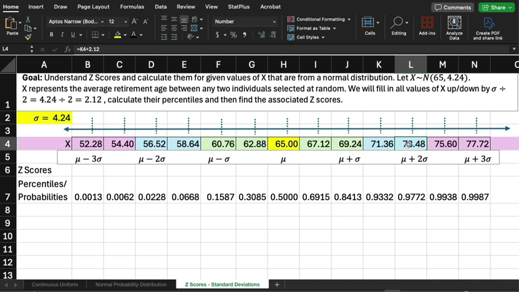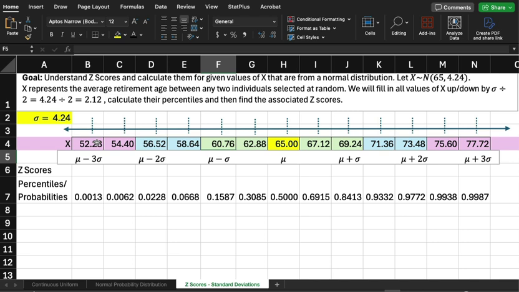Basically, we just get them by adding 2.12 to the right, and subtracting 2.12 to the left from the 65. But if you want to see how I actually created that, take a look at the previous video, the two-parter on that.